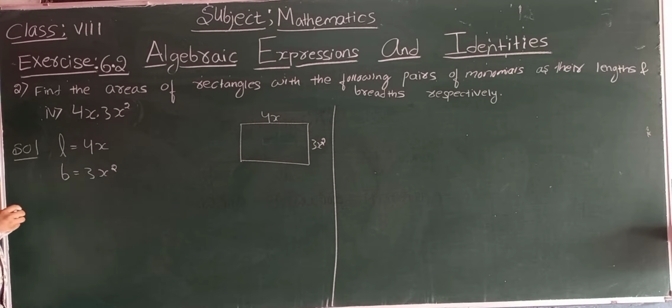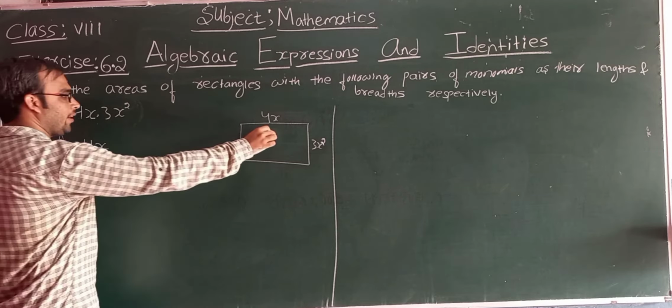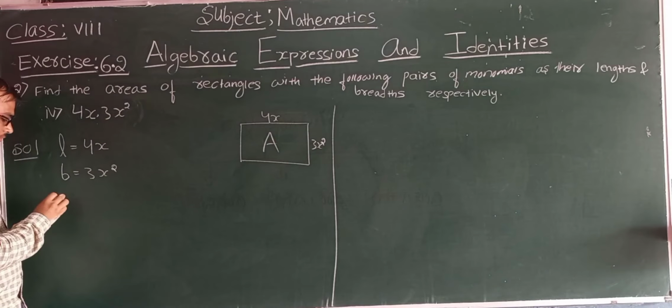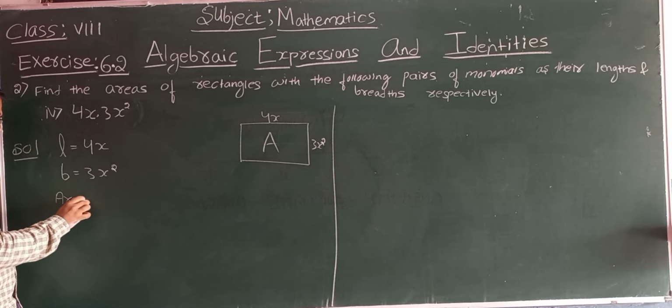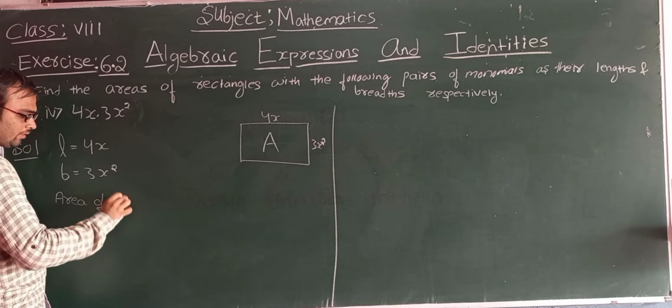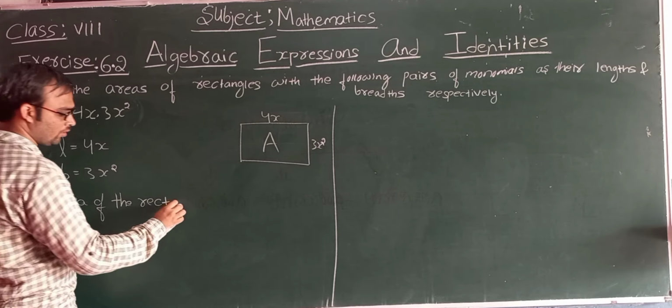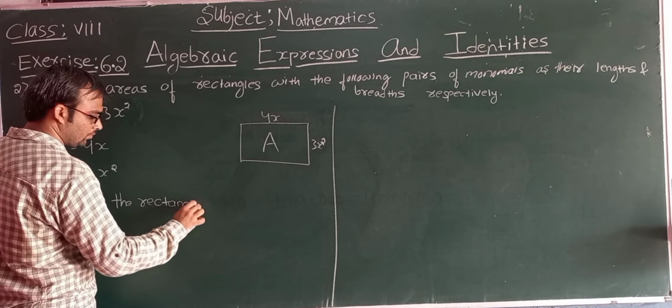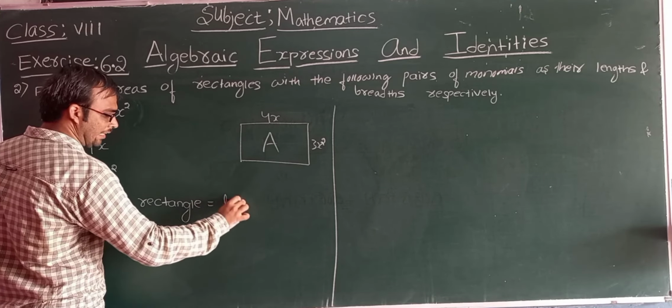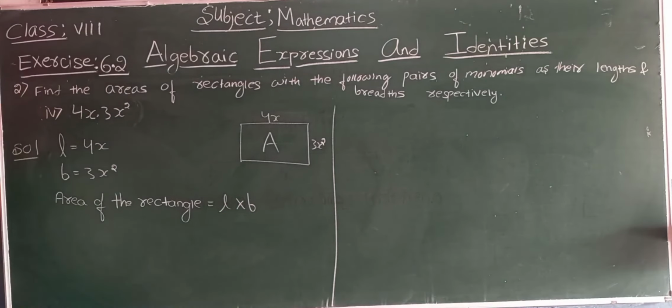Now what is the area of the rectangle? We need to find the area. Area of the rectangle equals L into B.